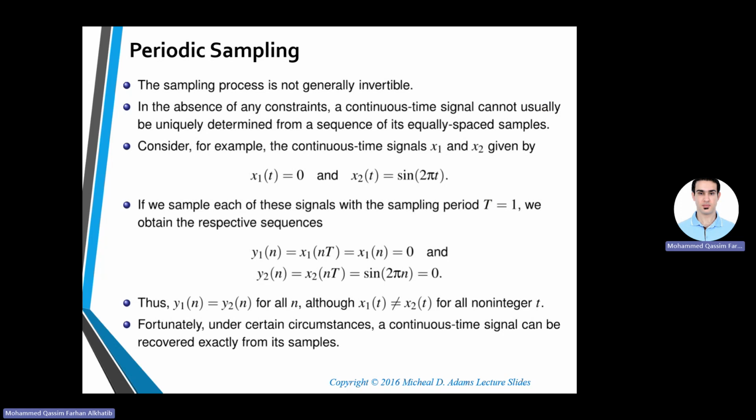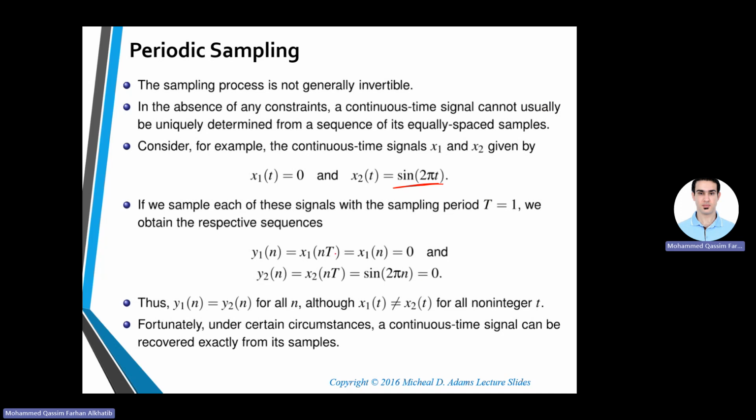For example, if you have x of t equals sine of 2 pi t, like in this one here, and you say I want to sample every pi, like every multiple of pi. So you have sine of pi 0, sine of 2 pi 0, sine of 3 pi 0, sine of 4 pi 0. You are taking samples, but you're taking what? The zero samples. So you're not getting any information from the signal.